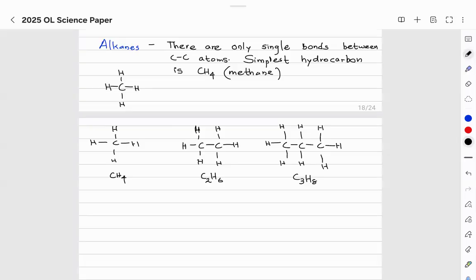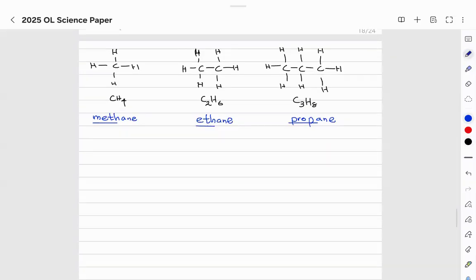Right? This is methane. This is ethane. If there are 2 carbon atoms, eth. 1 carbon atom, meth. If there are 3 carbon atoms, it's propane. What about if there are 4 carbon atoms?